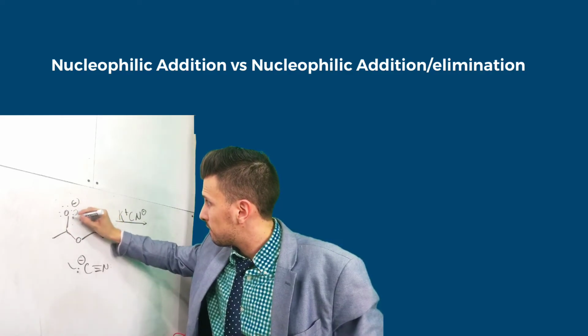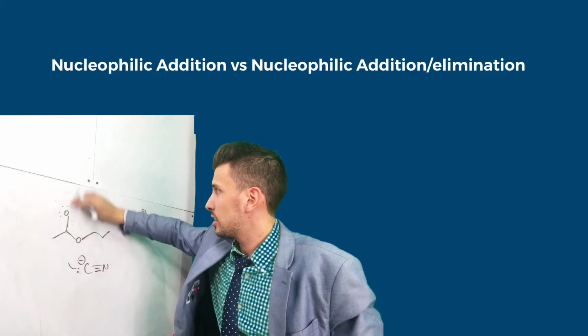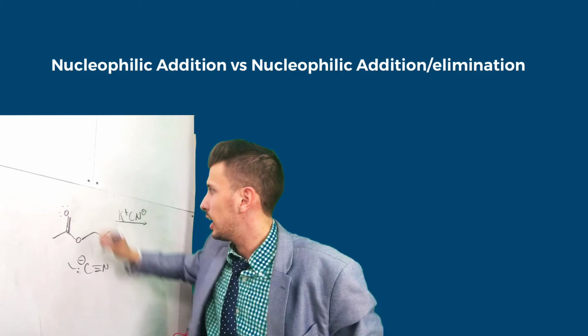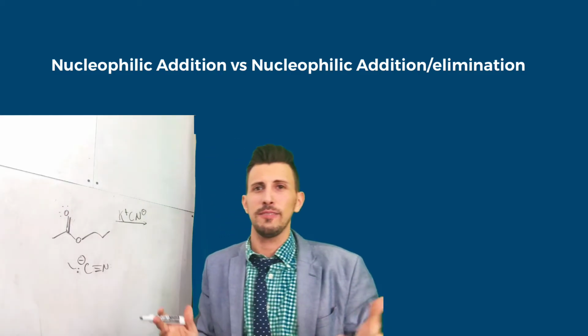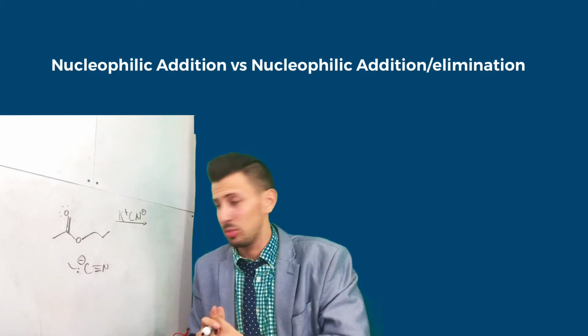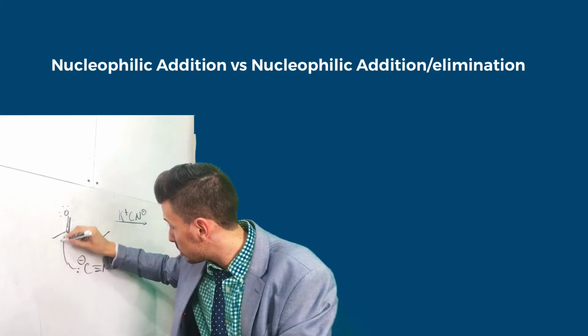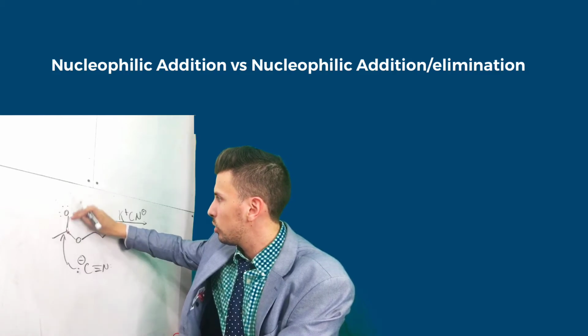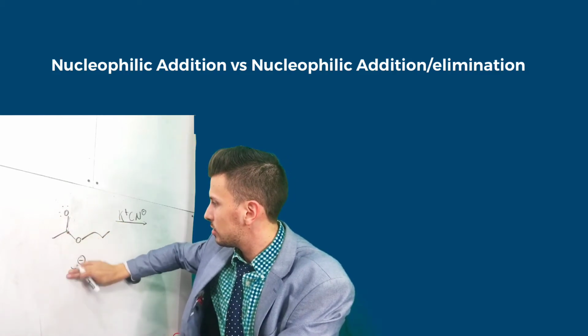That way, oxygen has a neutral charge, and carbon has a full octet in addition to a neutral charge. But in any case, it moves towards this carbonyl carbon through a nucleophilic addition.